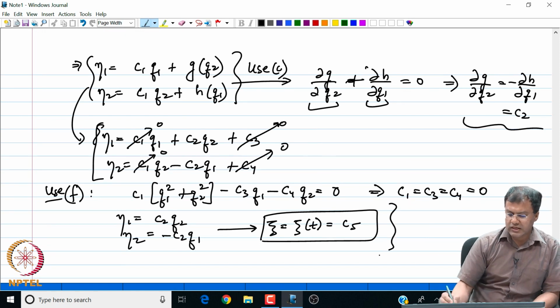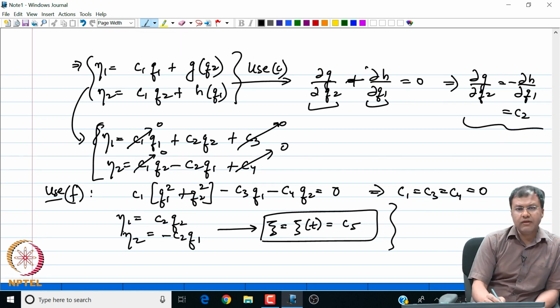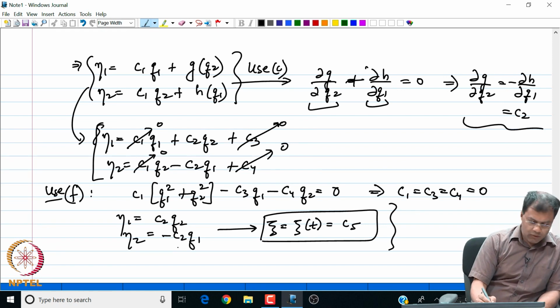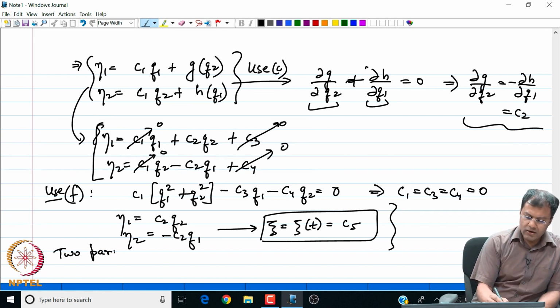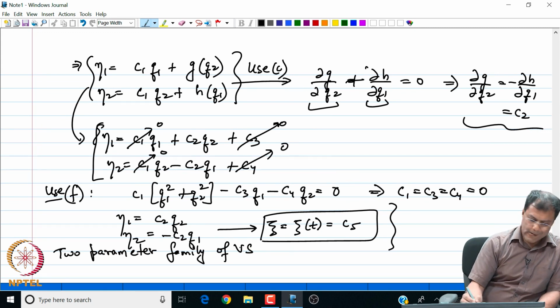So, what is the conclusion here? Notice that the way the infinitesimal generators are found, this is nothing but the rotational generators, right. So eta 1 depends on q2, eta 2 depends on q1, provided this constant C2 is non-zero, right. So, the conclusion is we have a two parameter family of variational symmetry.